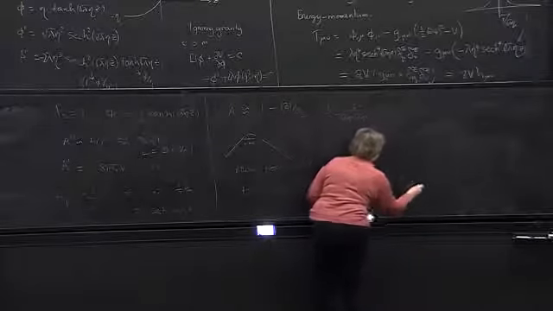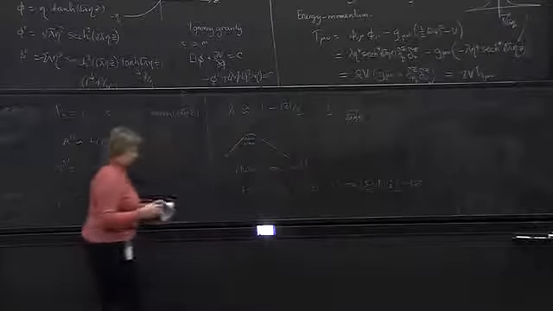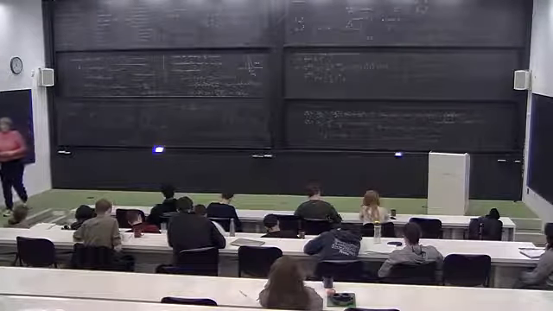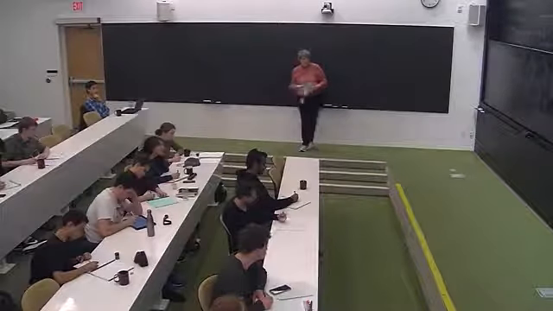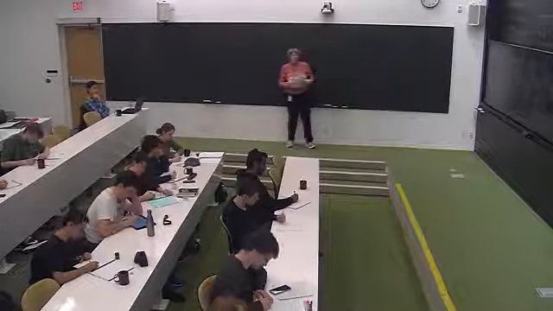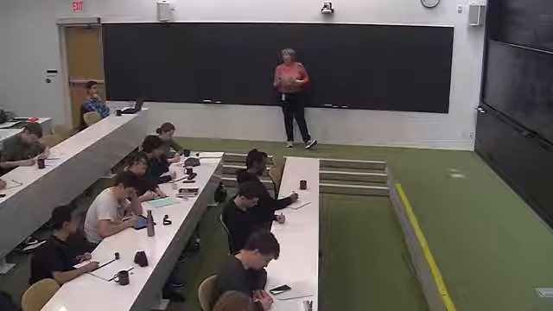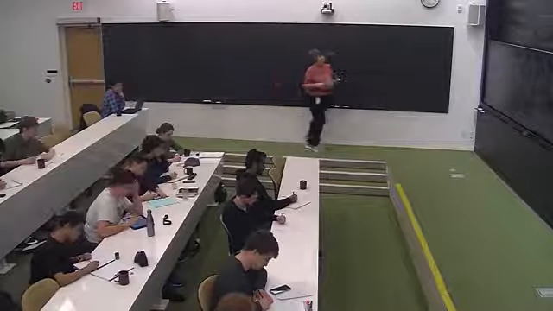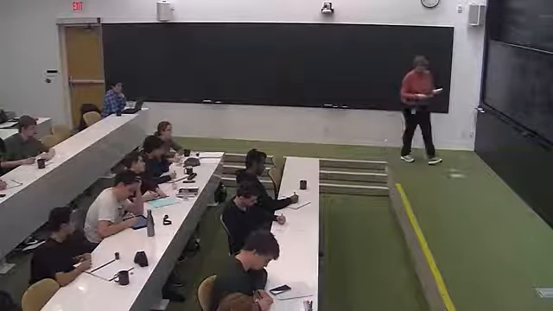So putting it together, this is what I get for my geometry. L is very large if epsilon is small. So what exactly does that look like?